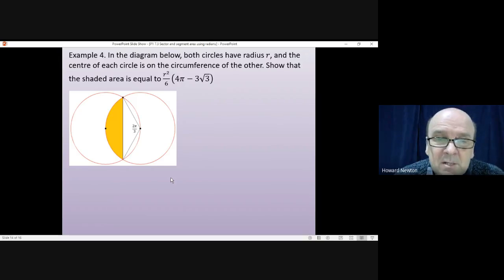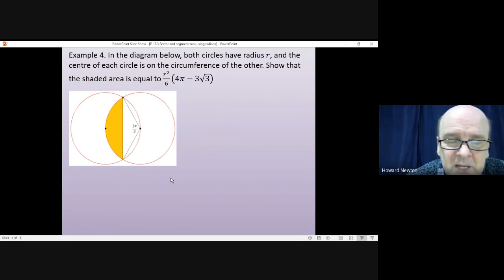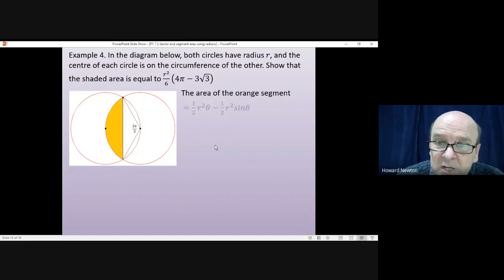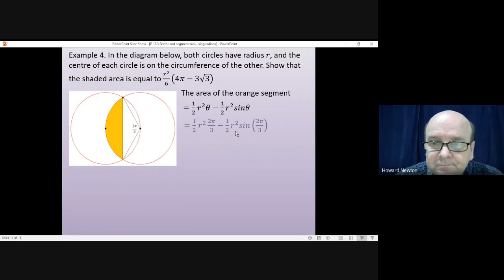Now that we know that, we're just going to use the standard method for working out the area of a segment, which is the area of the sector that you would get, take away the area of this triangle. So the area of the orange segment is the area of the sector, which is a half r squared theta, take away the area of the triangle using the trigonometric rule for the area of a triangle.